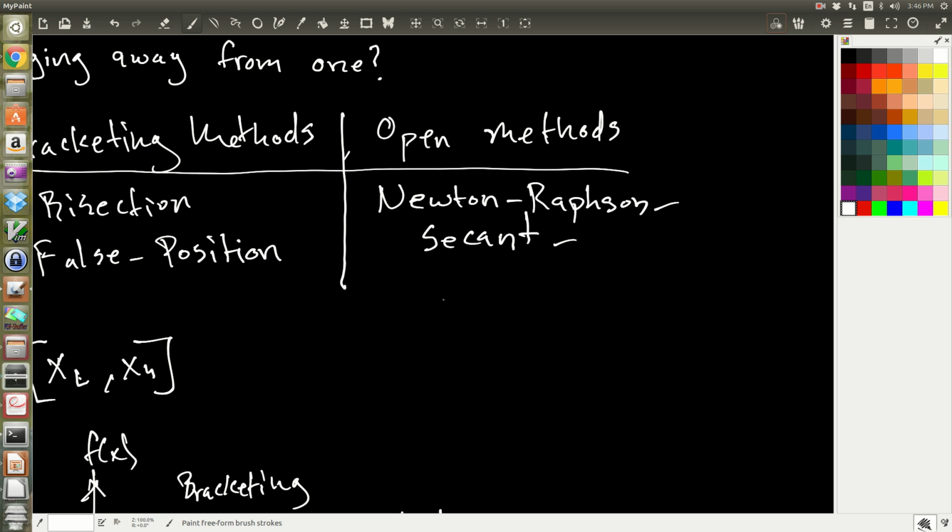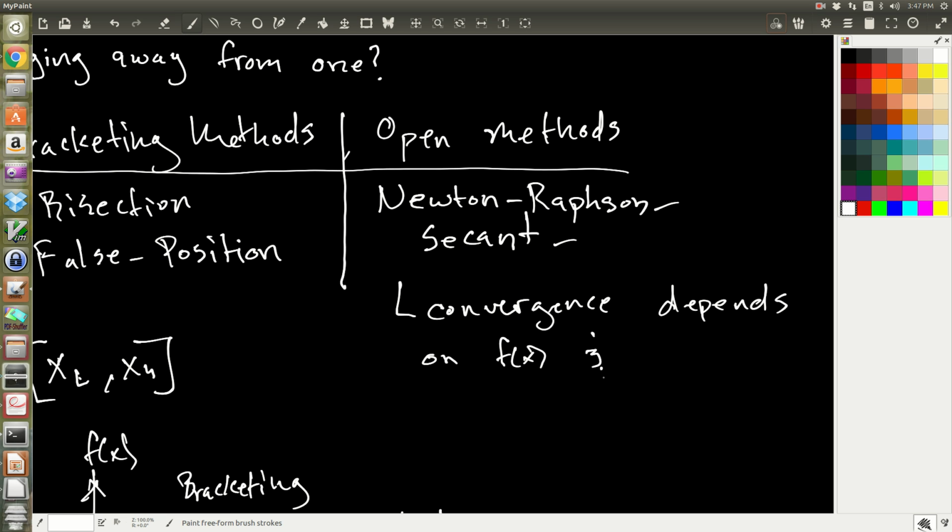And whether or not they converge depends on, let's write this down, convergence depends on the function that you're searching for a root of, and your initial guess.